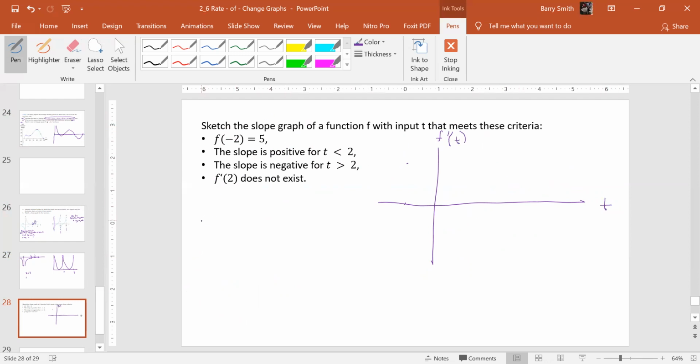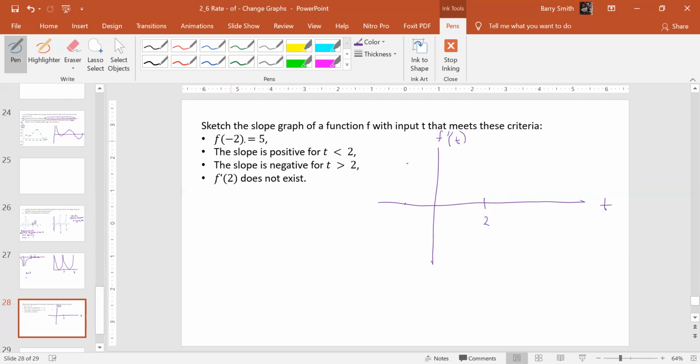So this one, what we need to look at is slope is positive for t less than 2. So here's 2. F prime of 2 does not exist, so there's not going to be anything here. So it's positive for less than 2. And so less than 2 is going to be going up here. Greater than 2 is going to be down here.